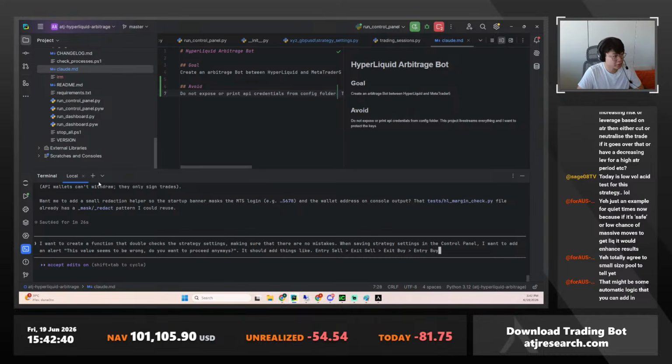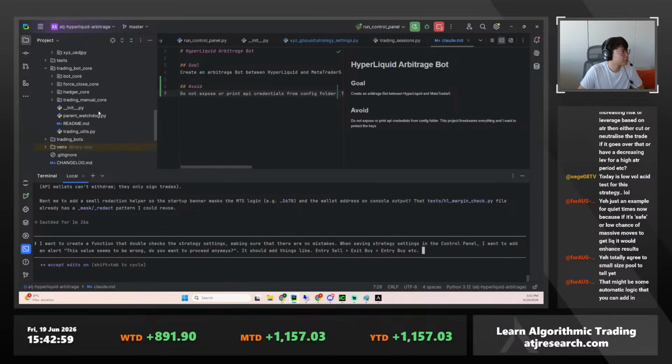So you want to do this. In theory, exit sell can be lower than entry buy. So actually entry sell must always be higher, like this. So I let Claude finish the logic. Hopefully Claude will know what I mean by that.